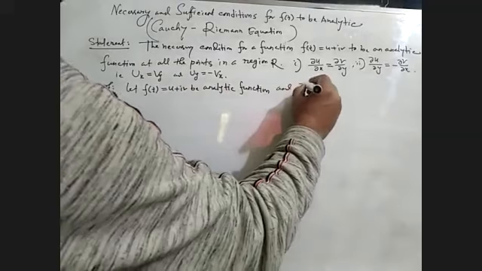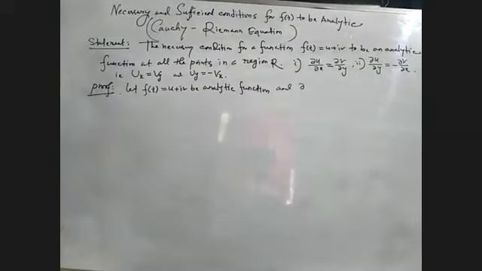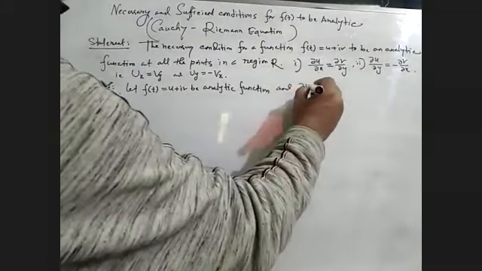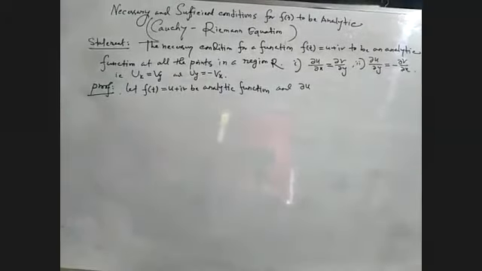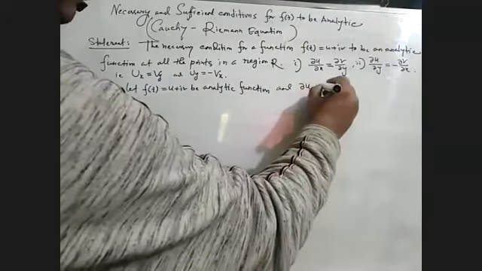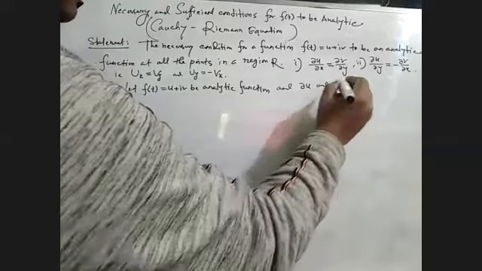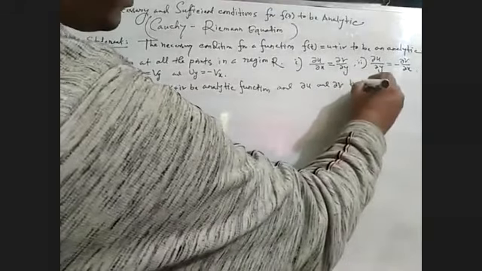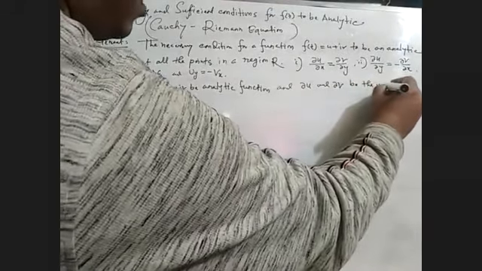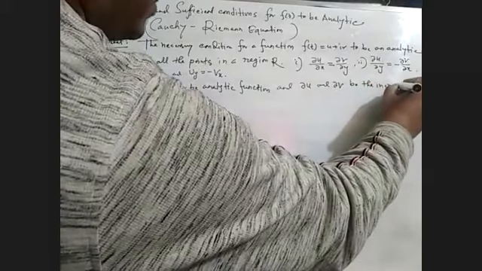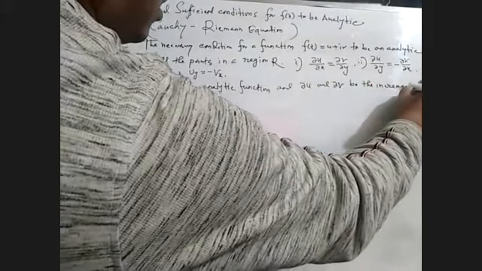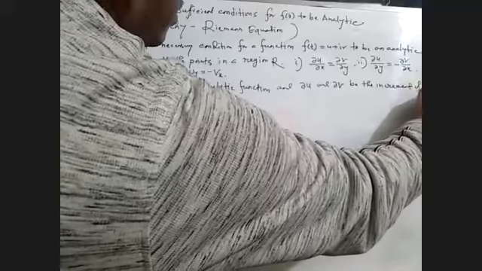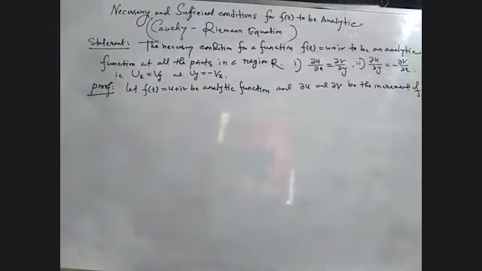Let del u, a small increment of u, and del v, a small increment of v, be the increments of u and v respectively.